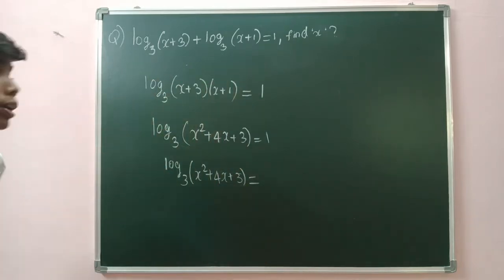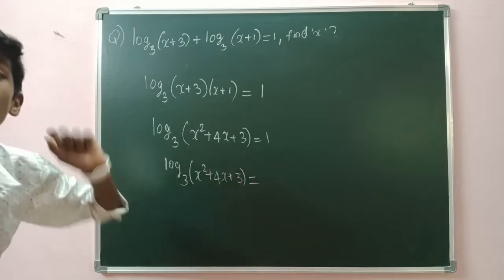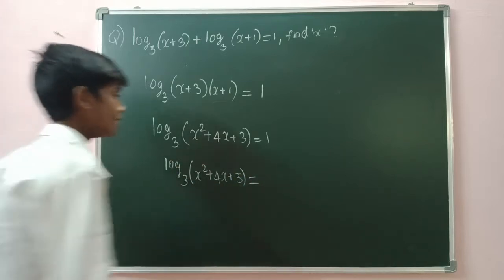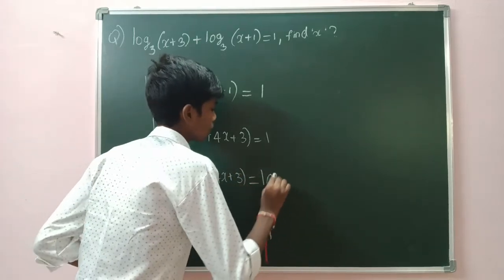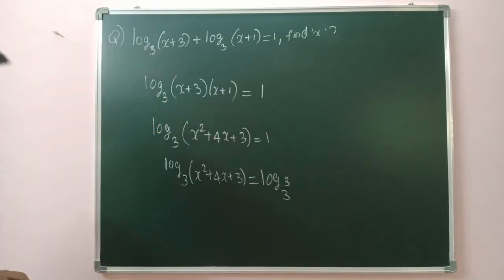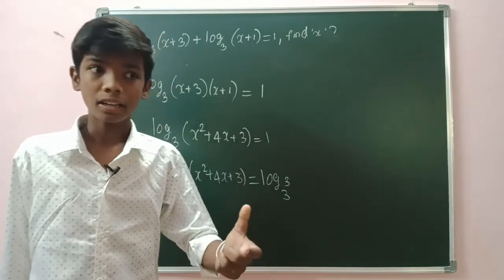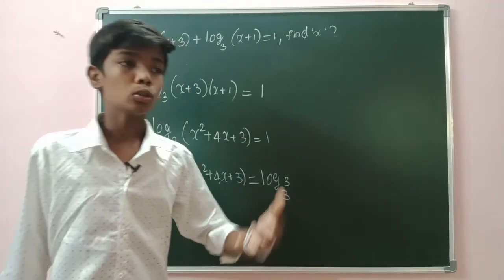So what I need to do here is write this 1 in terms of log such that the base is 3. Hence I can write this as log of 3 to the base 3. How I am writing like this is, in the last video I told you one property.